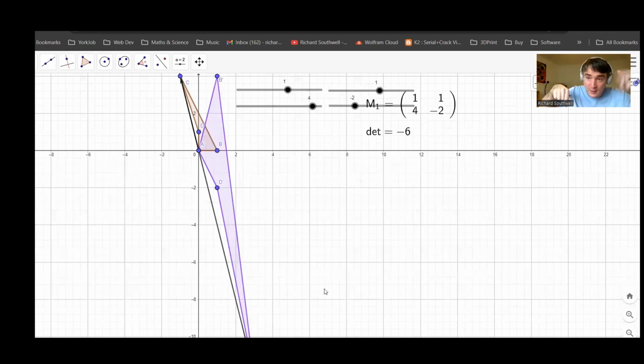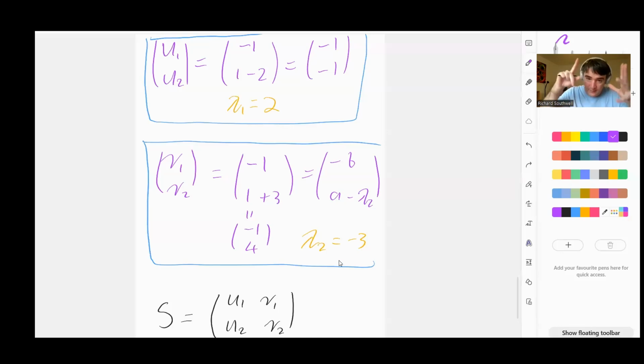Now it's going in the opposite direction this time, and that's because our eigenvalue is -3. So we have a look at that vector, -1, 4, and then we have to times that vector by -3. So swap its direction and make it 3 times longer, and we find where the image is. But hopefully you can see the essence of what's going on here.